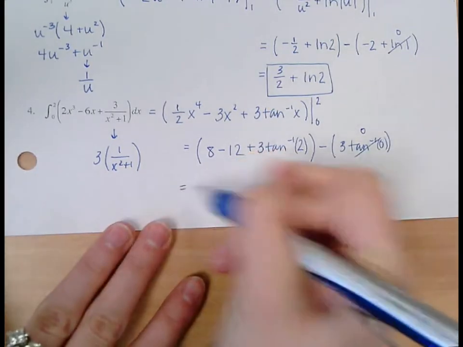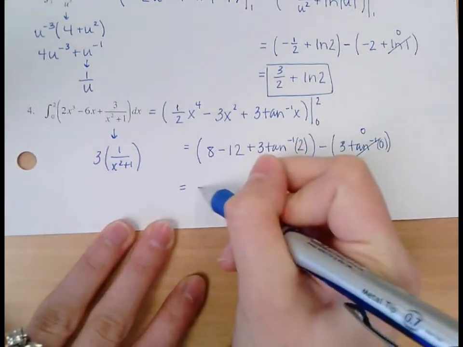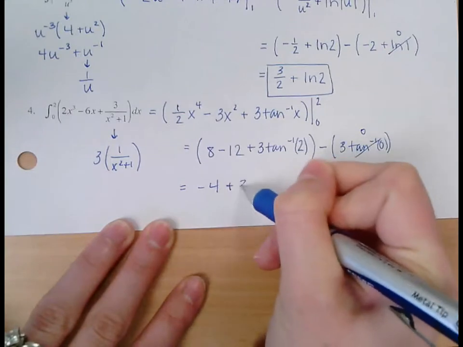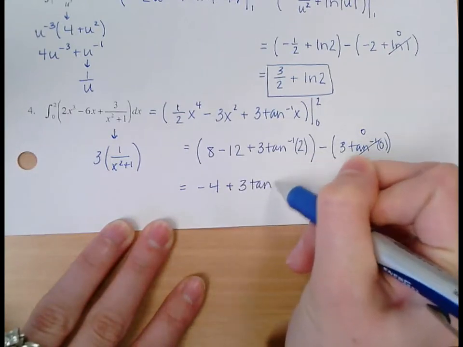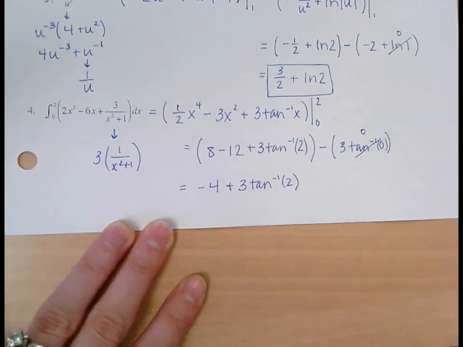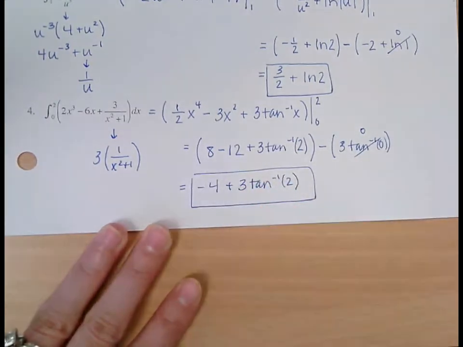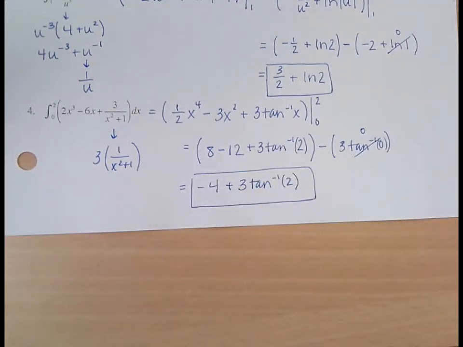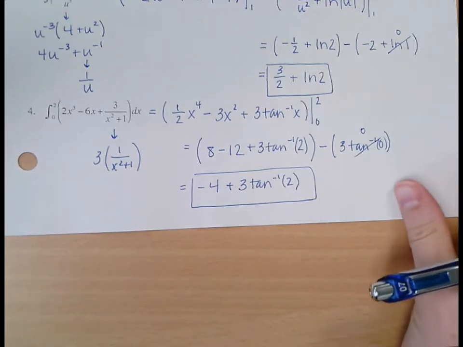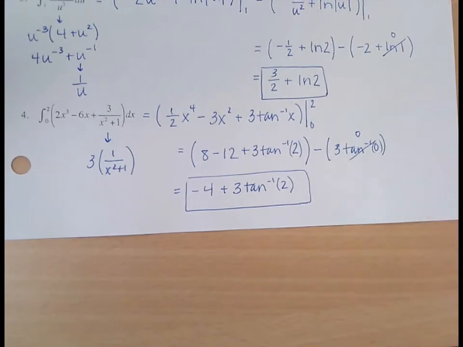So I really just have 8 minus 12, which is negative 4, plus 3 inverse tangent of 2 would be the exact answer. Any questions there?